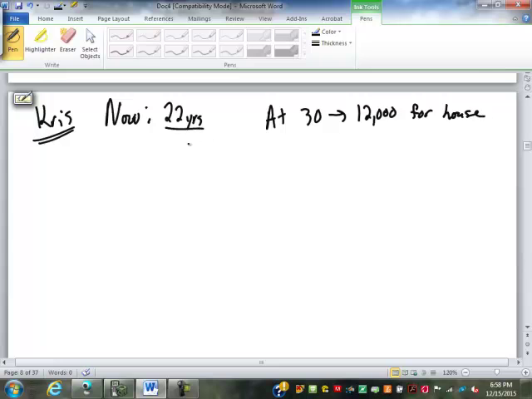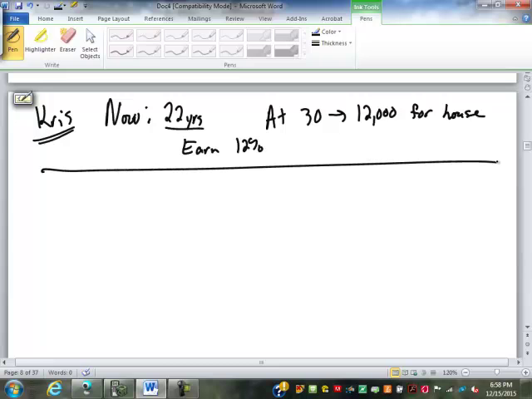While he's paying in, he figures he can earn 12%. Wants to retire at 67. Wants to draw out $3,200 per month until he reaches the age of 90.